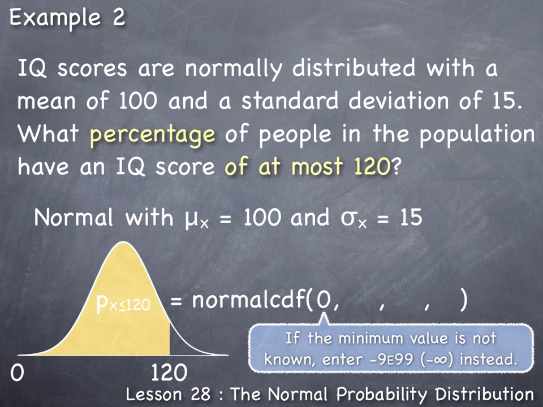So if the minimum value is not known, enter negative 9e99, which is the calculator version of negative infinity instead. The e is the expanded exponential or scientific notation. This way, if you don't know what the minimum value is, using negative 9e99 absolutely guarantees you that we've gotten to or past that minimum value.